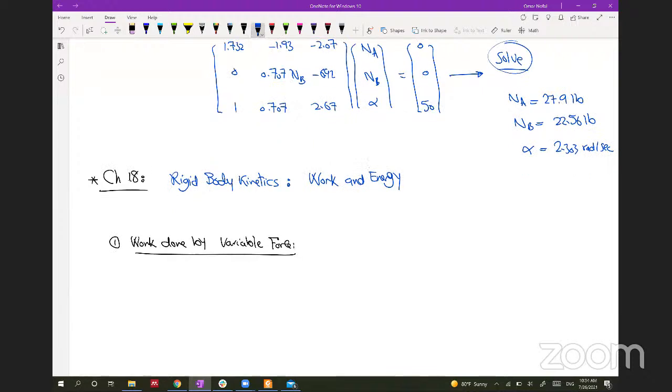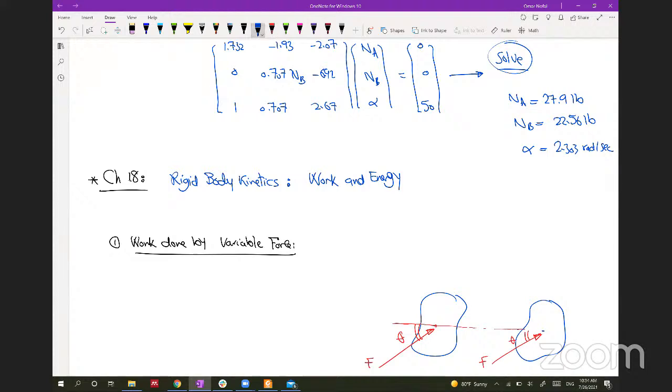So for the work done by a variable force, let's assume this is our body, and at any point of this body there's a force F that has an angle theta, and this body is only making translation, something like that, came here, and this is F, making an angle theta.